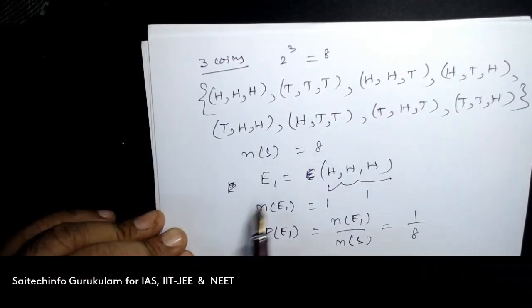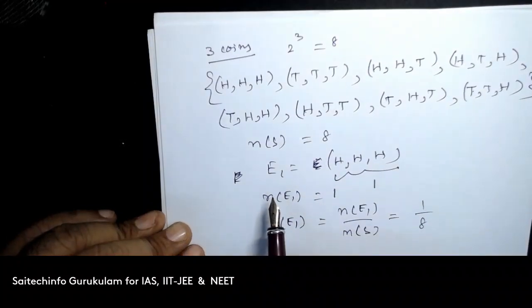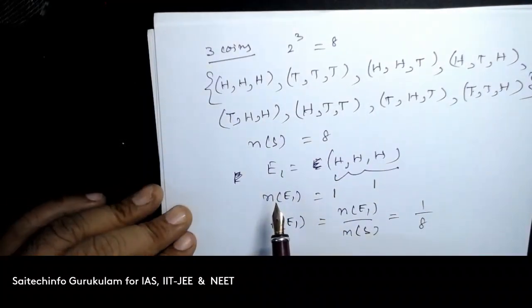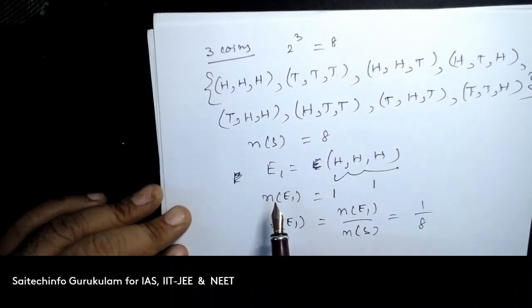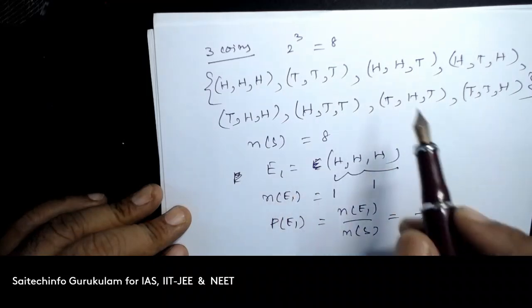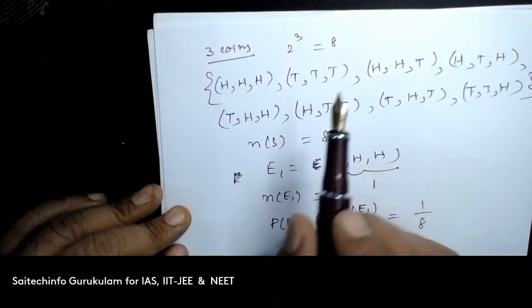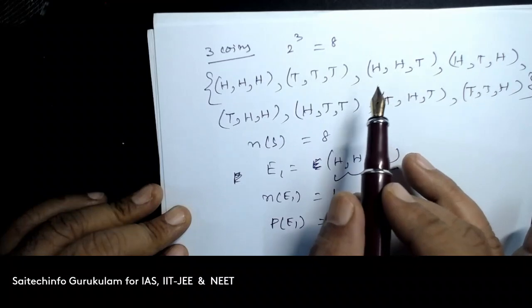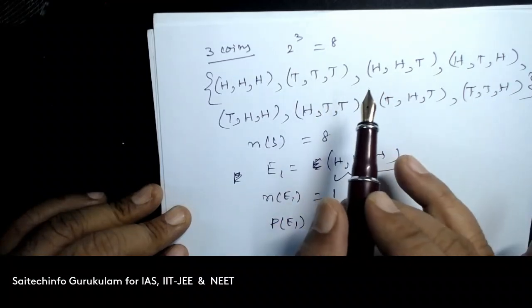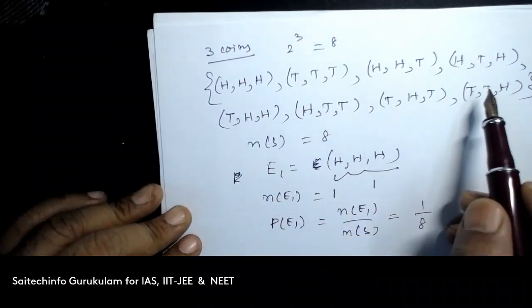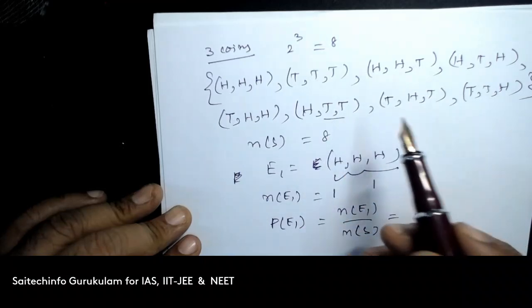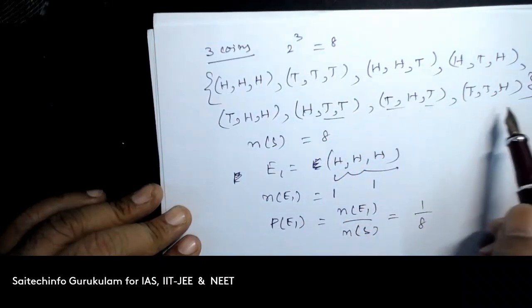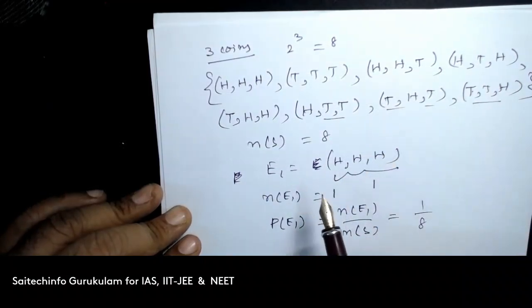Let me define. What is the probability of getting 2 tails? Let me say strictly 2 tails. So 2 tails means how many? For example, here I have 2 tails, here I have 2 tails, here I have 2 tails, totally 3.